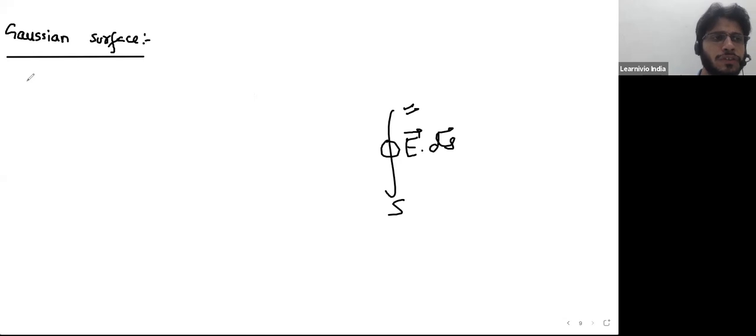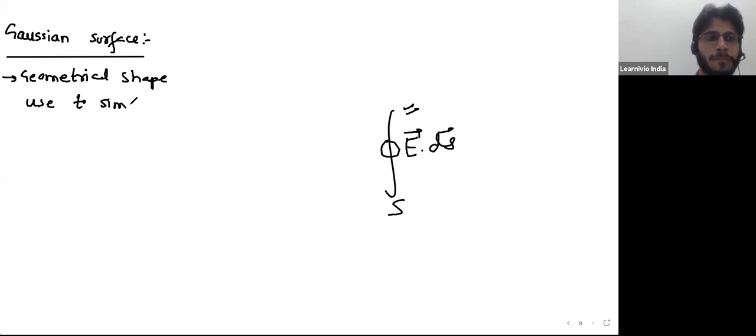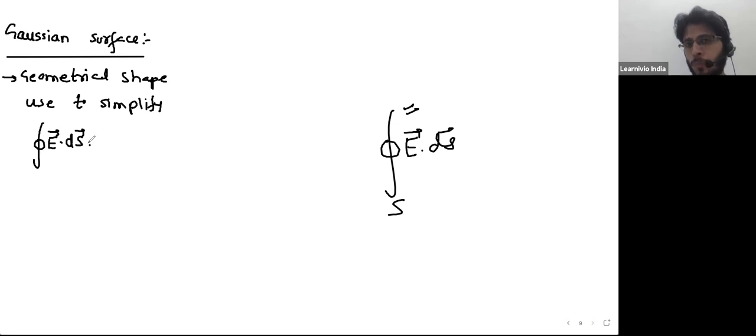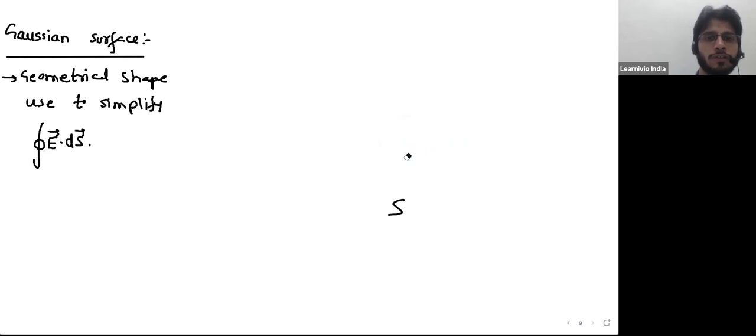So Gaussian surfaces are some geometrical shapes used to simplify the closed integral of E dot ds. This is what we call a Gaussian surface.